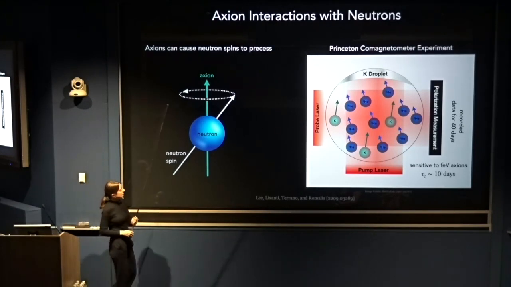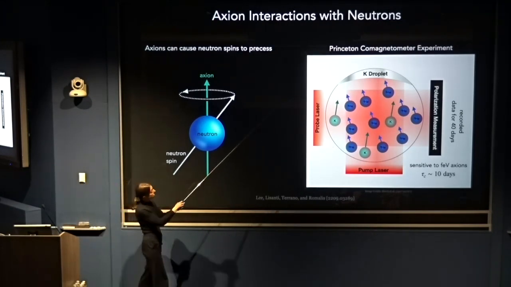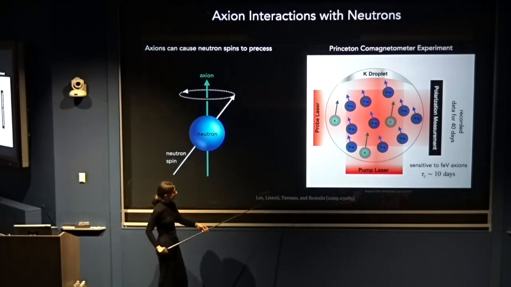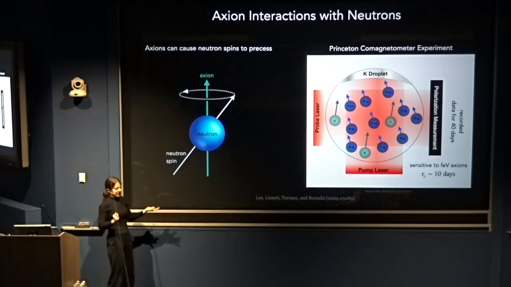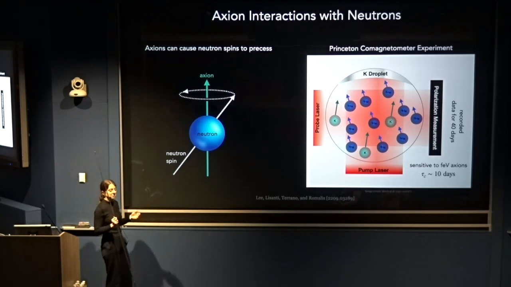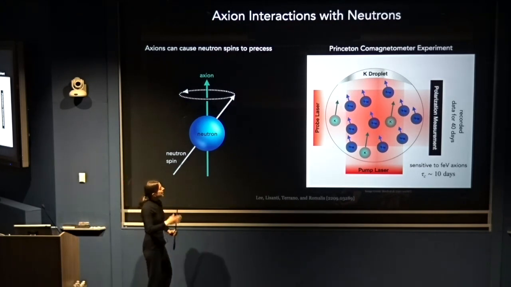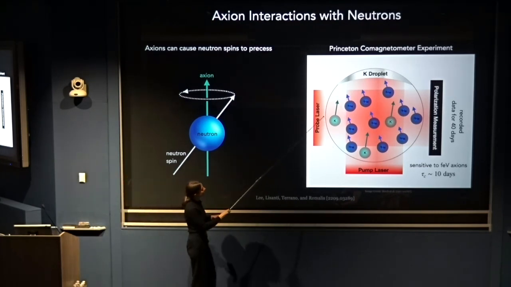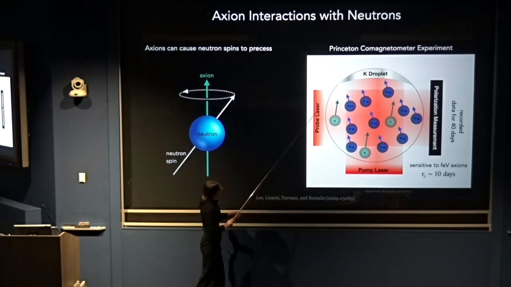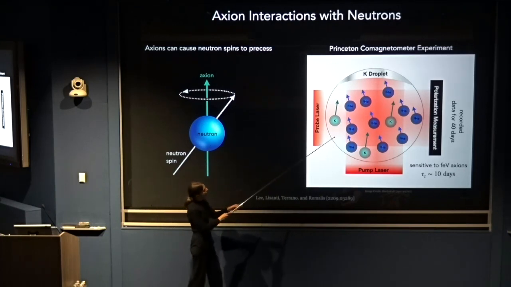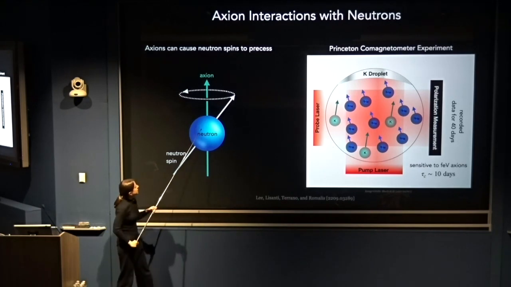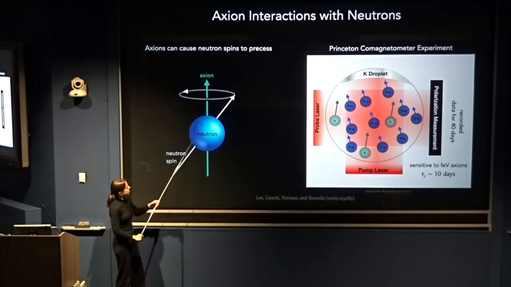And this was just one example. This was work that was done at Princeton, led by my experimental colleague, Mike Romalis, who had built an experiment essentially in the basement of our physics building. It was a glass cell that had potassium and helium-3 in it. The helium-3 would be interacting with the axion in this way, through the neutron.